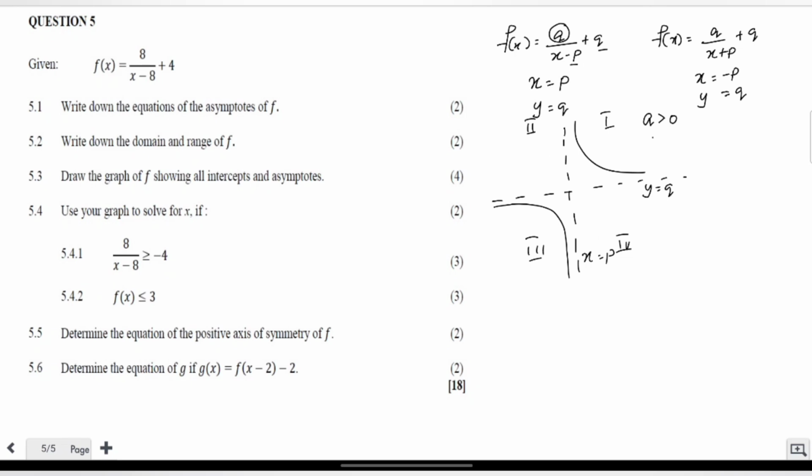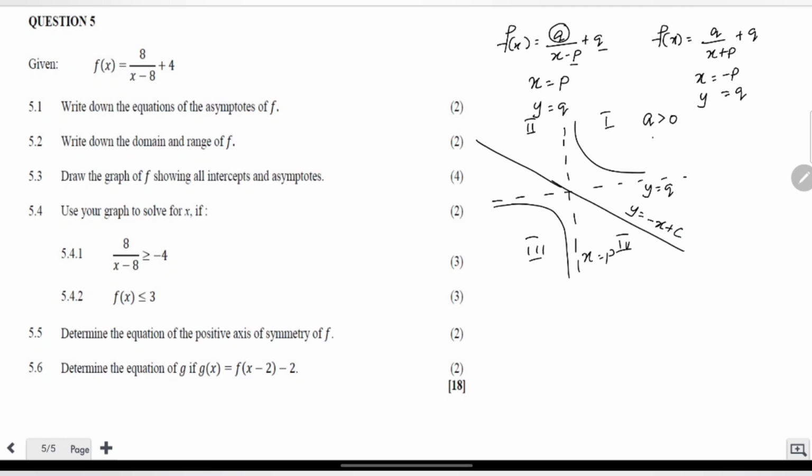Now in hyperbola, we have two axes of symmetry. Asymptotes we have two of them, and axis of symmetry also. What do you mean by axis of symmetry? Axis of symmetry is the line that divides the graph symmetrically into two parts. So I'm going to draw the axis of symmetry. This is the first one. It's a decreasing line, and its equation is always y is equal to minus x plus c.